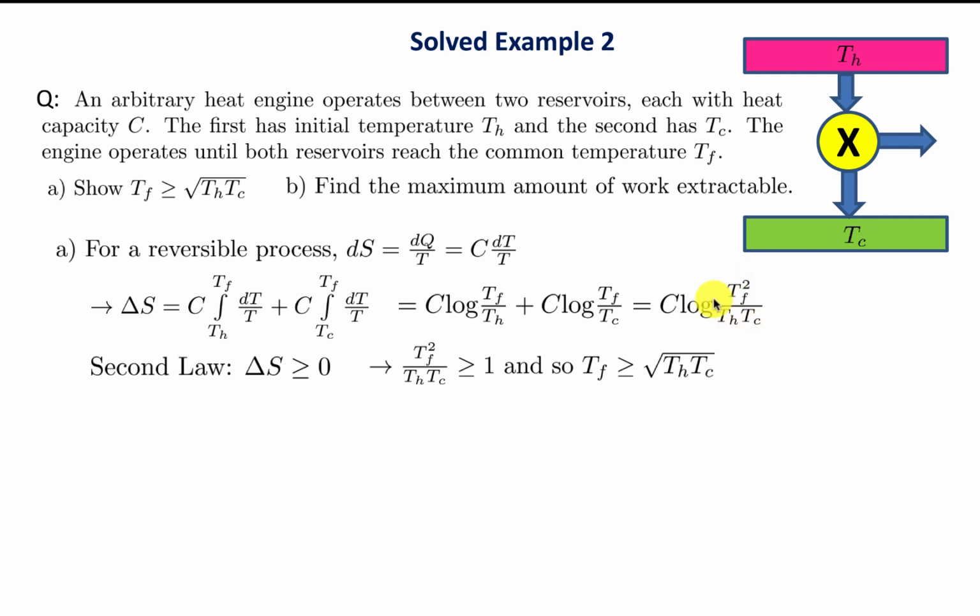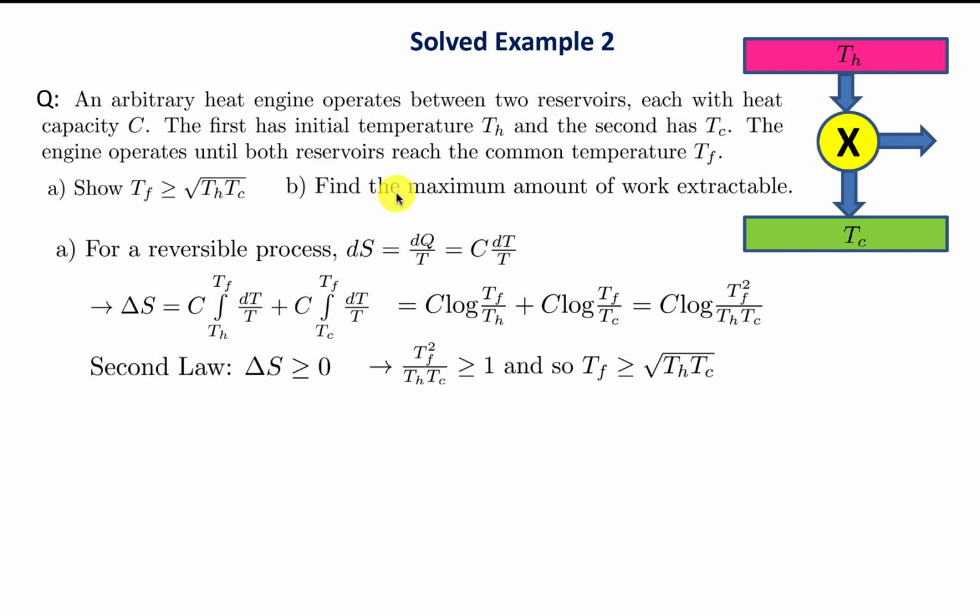If it's equal to 1, then we have delta S equal to 0. And so we have this condition that TF squared must be greater than or equal to THTC, and so we get the final temperature of the two reservoirs, they have equalized now, will be greater than this quantity, square root of TH into TC. The equality will hold if this is a reversible machine.